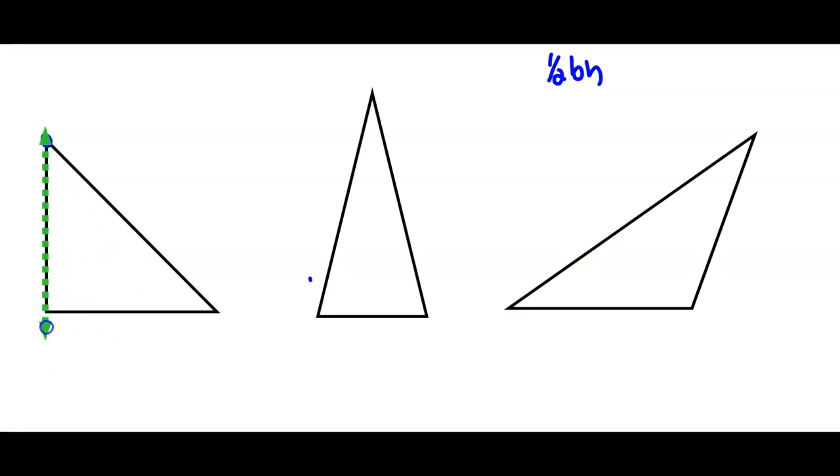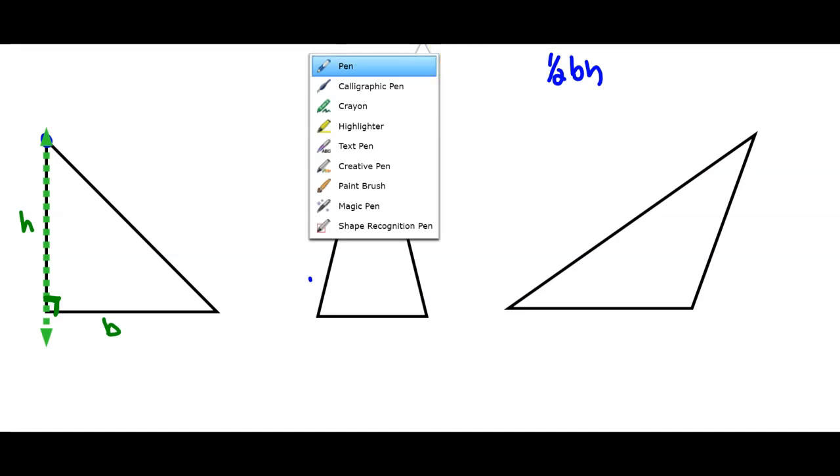In fact, if this is a right triangle, then the height here would be on the triangle side there. Notice it goes from this corner to the opposite side and meets at a right angle. That means if I'm calling this the height, this is the base. But there are a couple of other heights in this triangle as well. We could look at the height. Let's pick a different color.